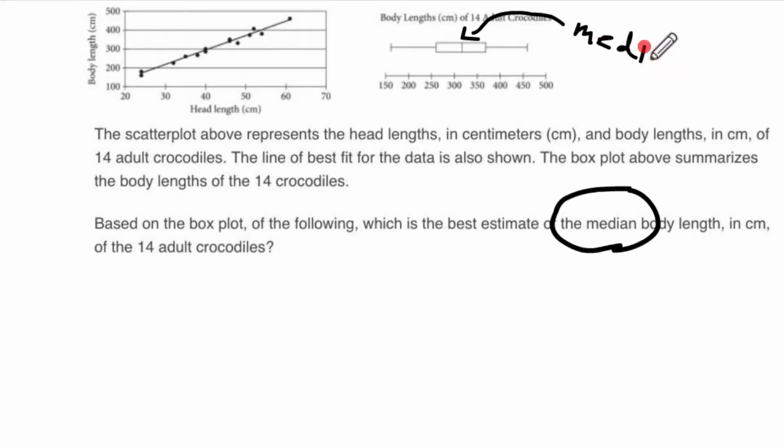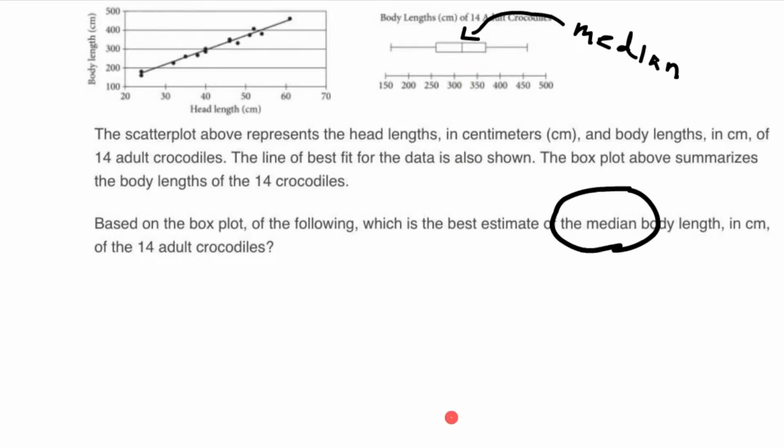They're just asking us for the median value. This one line right here is the median from here to here, and this is the middle value from here to here. You're dividing it into quartiles. So they want to know the best estimate for the median. We're just going to look where this line comes, and it's a little past 300, but it's not 350.